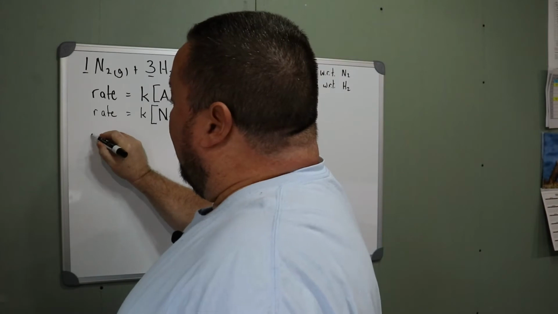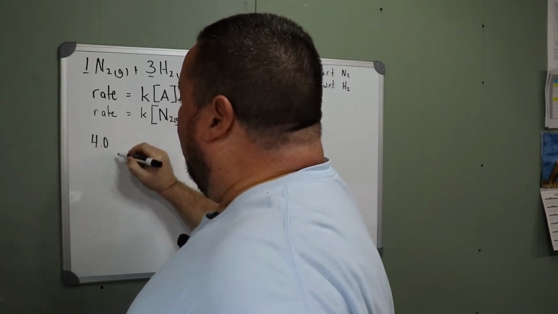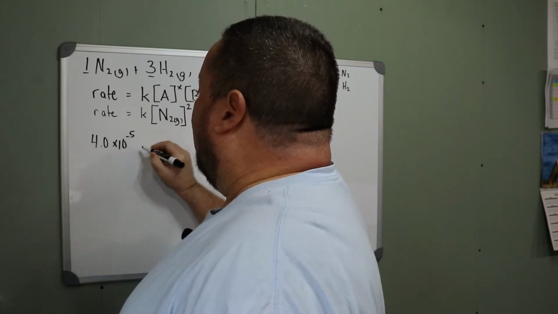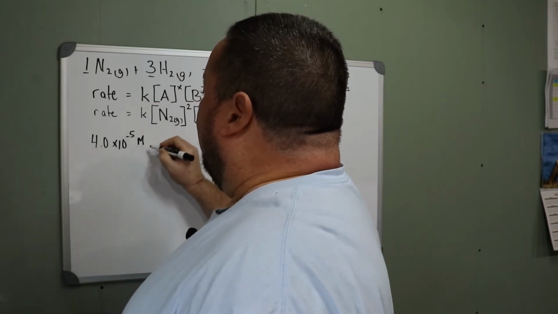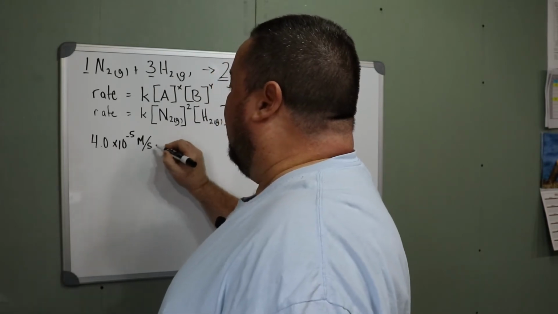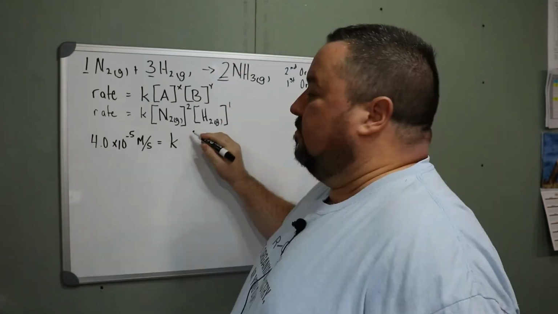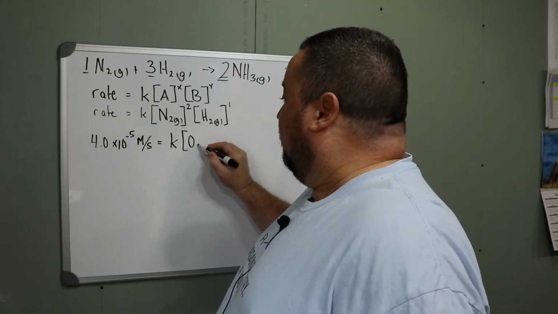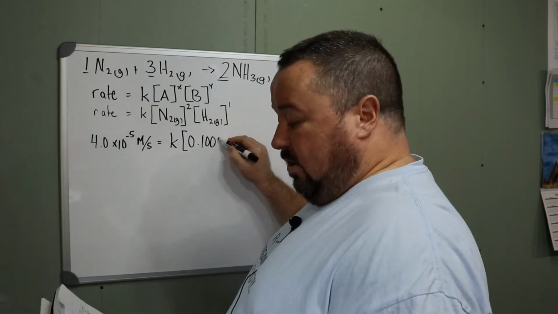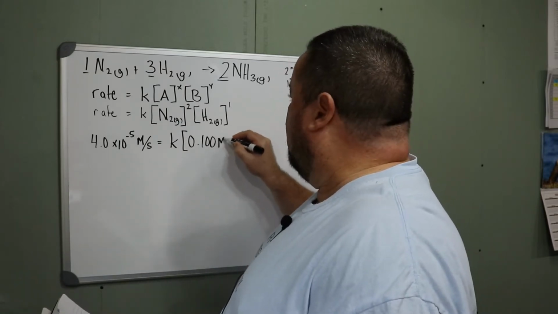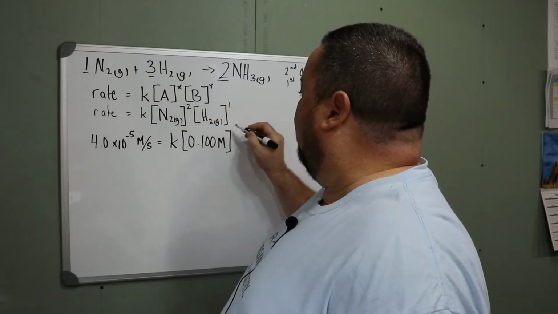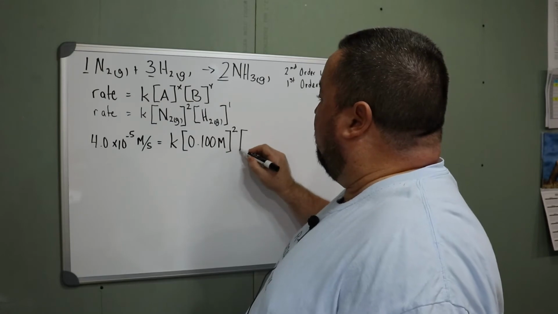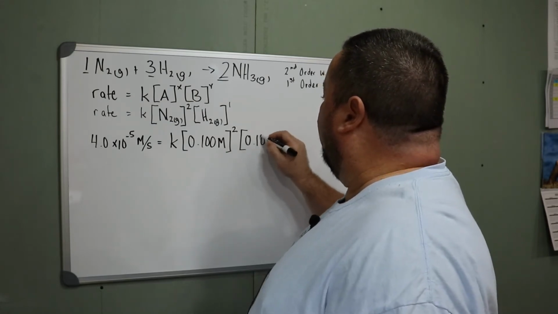So from the first line of data, the rate there is 4.0 times 10 to the negative 5, and the units of rate are always molar, moles per liter, per second. The concentration of the N2 from that line of data is 0.100 molar, or moles per liter, and that's squared. The concentration of the H2 is also 0.100 molar.